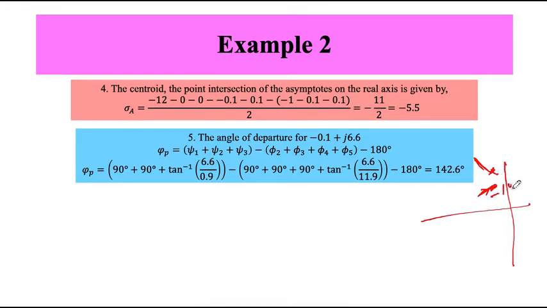If you calculate, it will be minus 142. So it is just arriving from here to here, and the angle is again approximately minus 142, because there will be very small change due to 6.6 versus 6, very minute changes there.